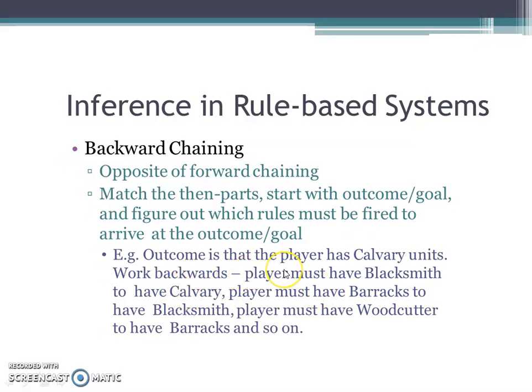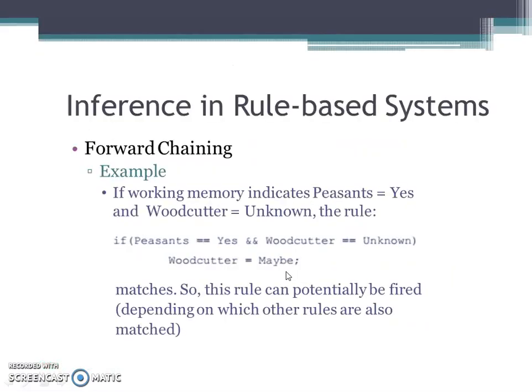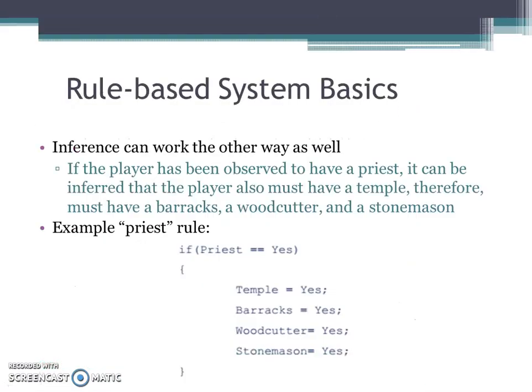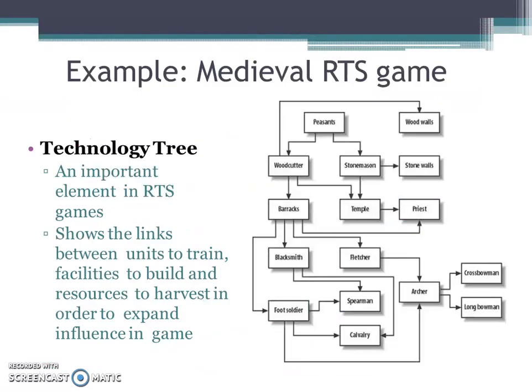Now to see this in detail, let me go back to the picture where we have the technology tree. In this technology tree, where is the cavalry? Here is the cavalry. Once you find that there's a cavalry there, it tells you that there could possibly be a blacksmith, and there would be a foot soldier.